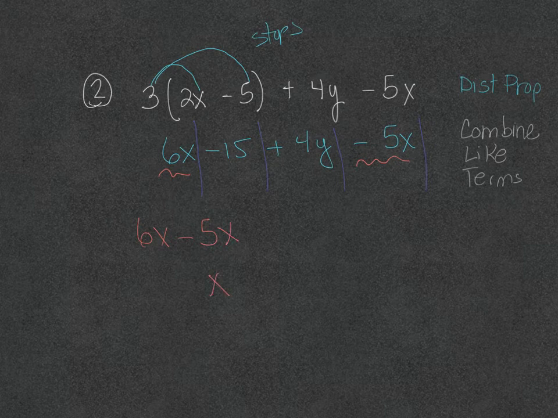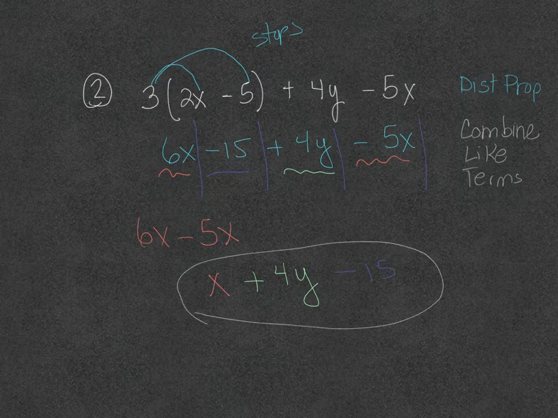Keep in mind I don't need to write that 1 there, that's implied. I then notice that I have a y term and there's not a term that matches up with that, so I'm just going to drop that down as a positive 4y. And then I have a constant, minus 15, and there's no other constant in the problem, so that drops down to my answer. There's my simplified expression, 1x plus 4y minus 15.